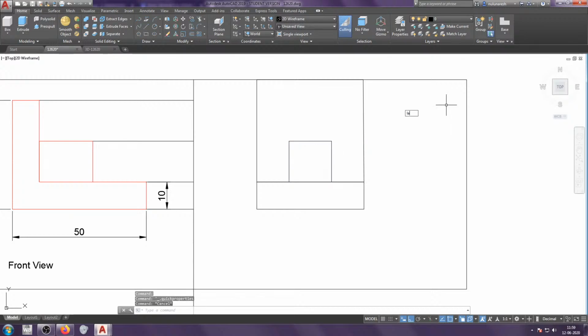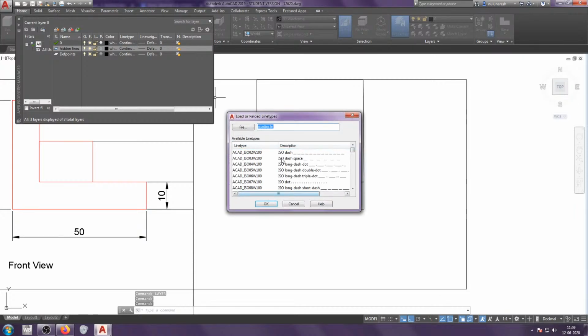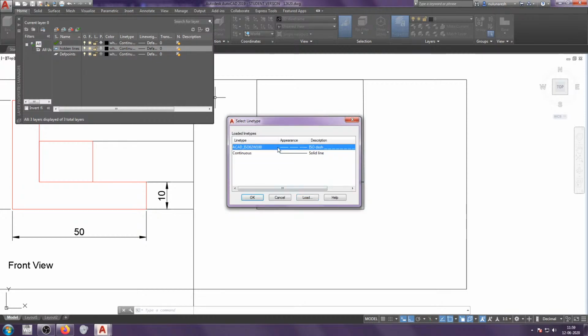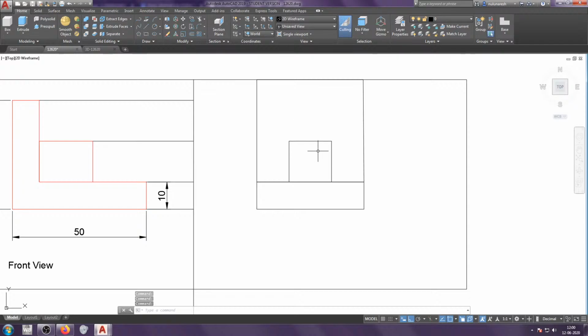I'm going to create a layer for them. I'm going to change the LTS factor to 0.3.